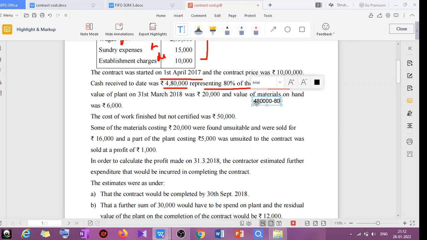It is 80%. You need to calculate for 100% what will be the value. I'll repeat: 4,80,000 is 80%, so 100% will be how much? That will be 6 lakh. 6 lakh will be the work certified. I hope it is clear to you.